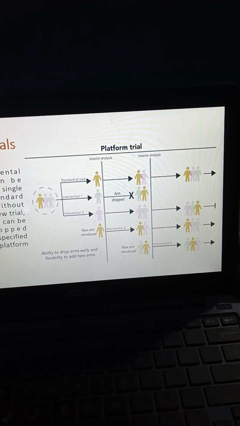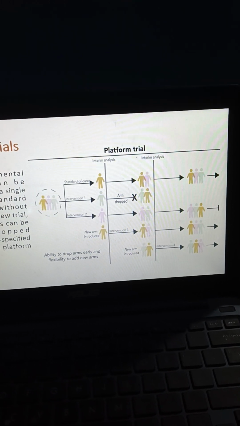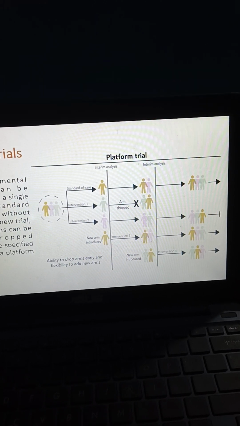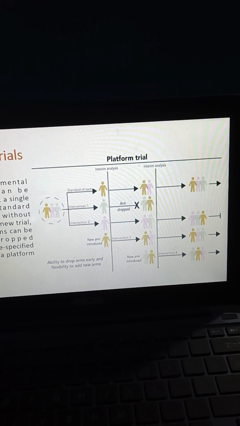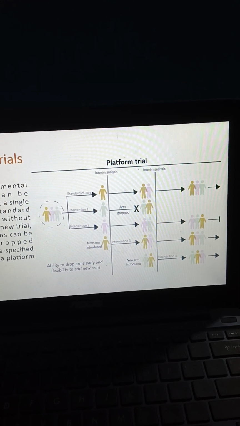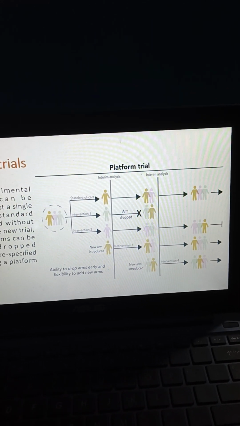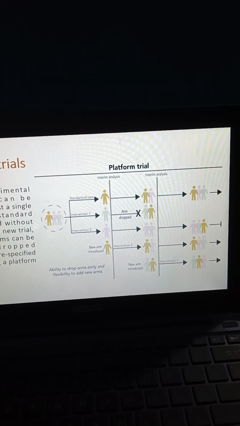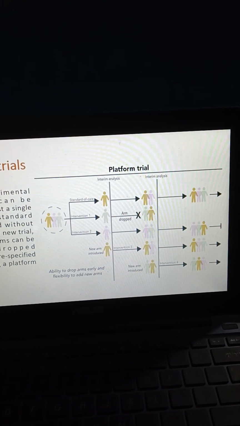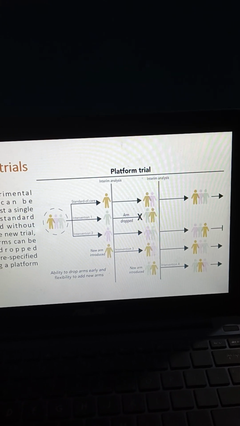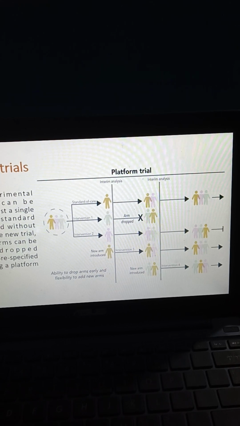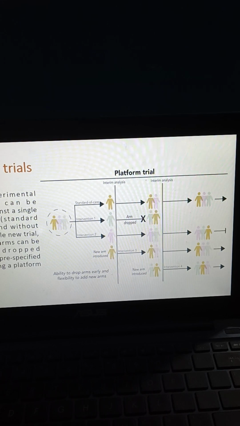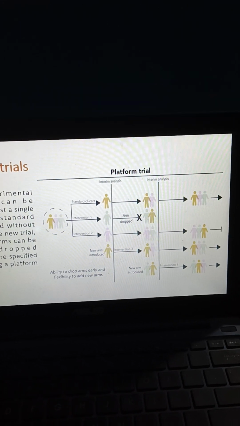Look at that image that shows the platform trial. One is a standard of care, intervention 1, then intervention 2, and after some time there is interim analysis and intervention 1 arm is dropped and a new arm introduced, and that is intervention 3, and after that another interim analysis was done.